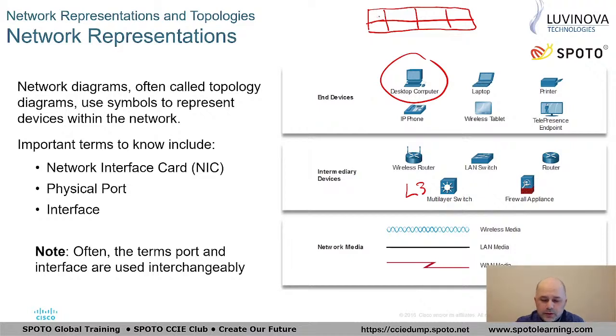Those are physical ports, but those ports have a logical abbreviation, or we call them interfaces: S1, S2, S3, S4. So those are interfaces. On the logical map, those interfaces are there. Okay. Often the terms port and interface are used interchangeably.